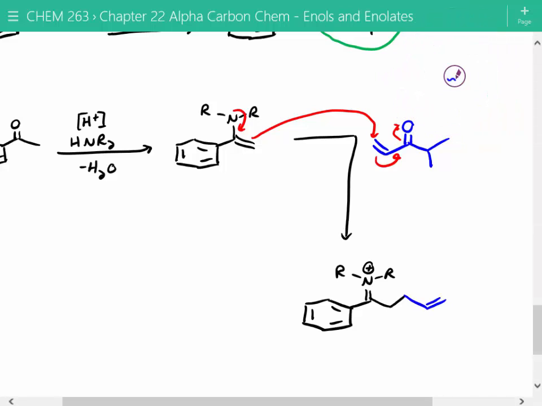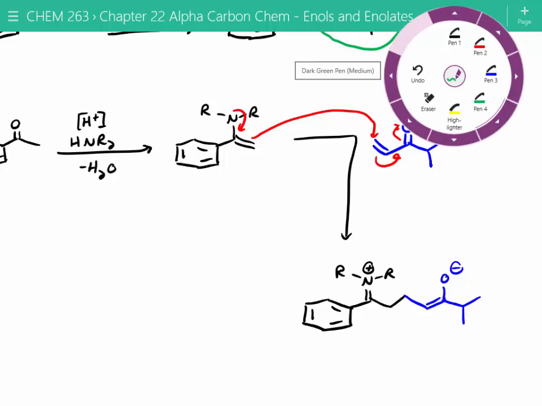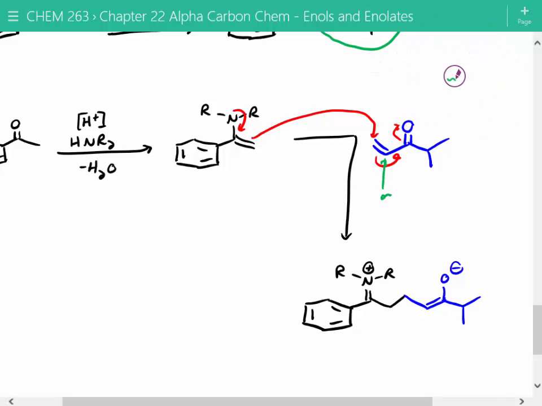The key is just attacking the double bond. It needs to attack the beta position. So in this case, remember that we've got the alpha position here, and then over here we have our beta position. So it's going to attack the beta position of your alpha beta unsaturated ketone or aldehyde.